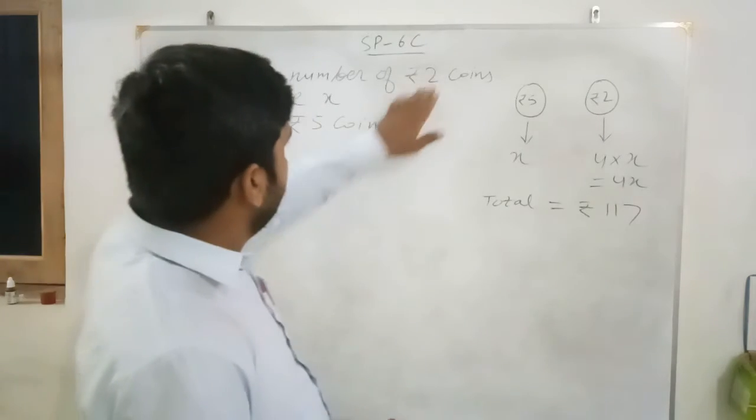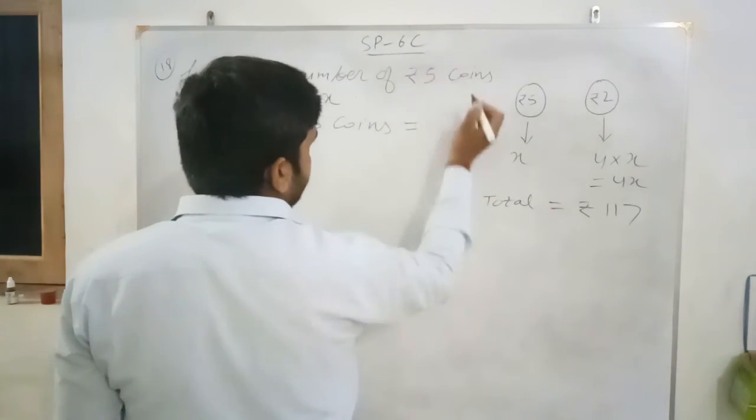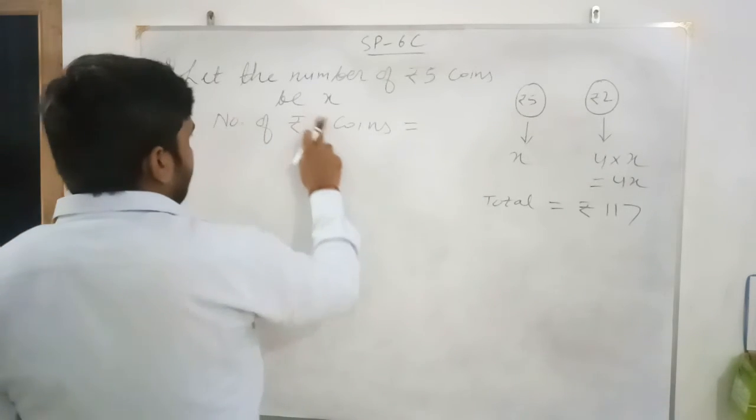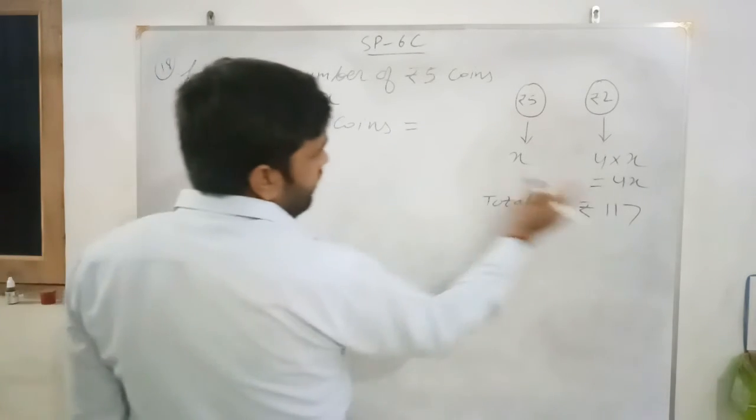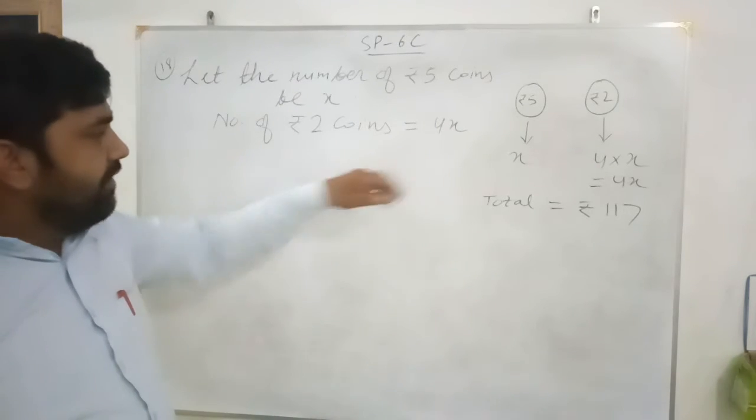Let the number of 5 rupee coins be x. Therefore, the number of 2 rupee coins is 4x. That is 4 times the 5 rupee coins.